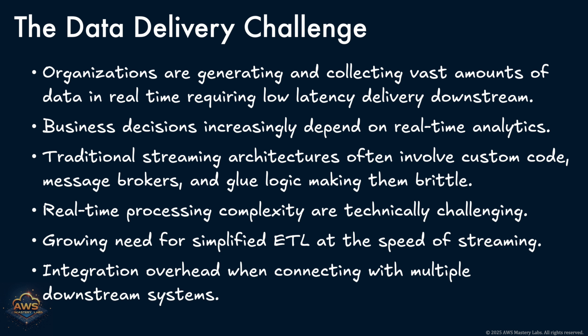Finally, integrating these pipelines with diverse data stores, such as S3 for lake storage, Redshift for analytics, or OpenSearch for search and observability, adds another layer of engineering effort and complexity. Together, these challenges highlight the need for a fully managed, scalable, and resilient streaming data delivery solution. And that's exactly where Amazon Data Firehose comes in.